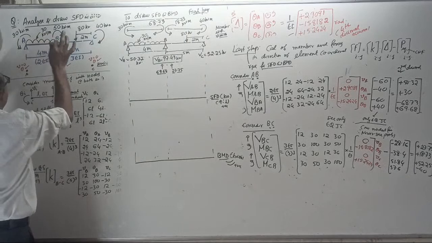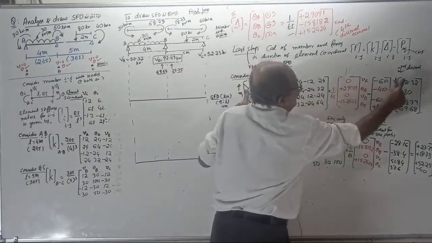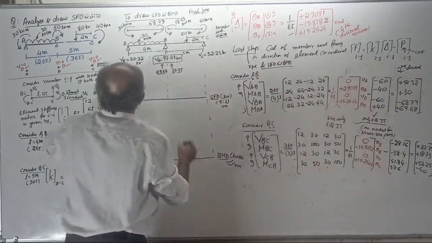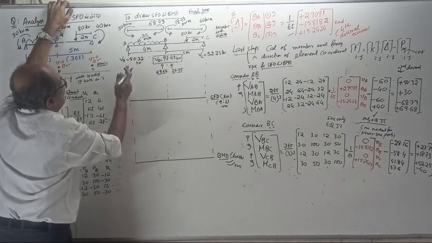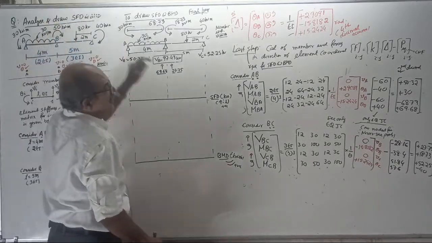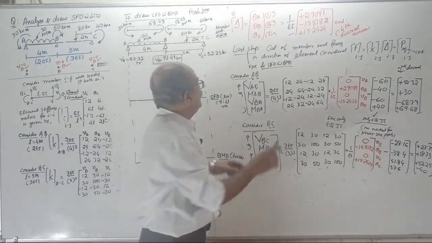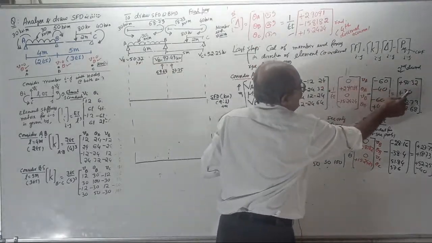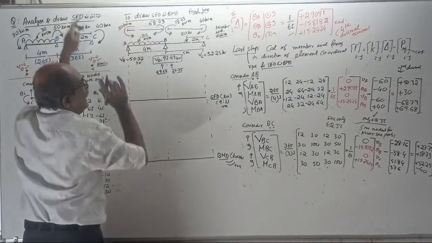How to enter? See here, the final result for AB. VA upward plus 50.32. Therefore this reaction is 50.32 kN up. Forces are in kilonewton, moments are in kilonewton meter. MAB plus 30, anti-clockwise 30 kN meter.